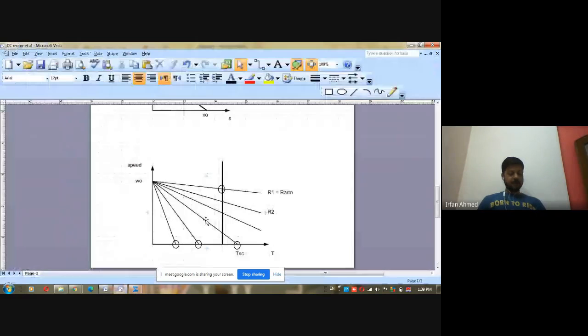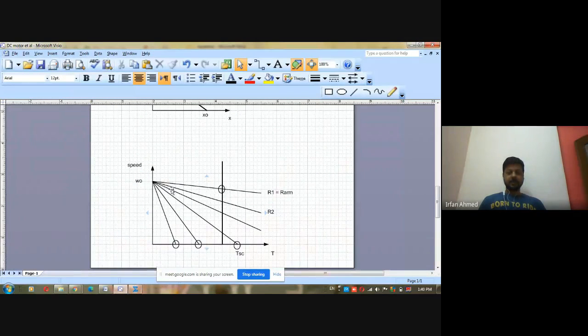Okay, now the speed torque characteristic. One way to obtain it is by using these 2 points, correct? Another way to obtain this speed torque characteristic is by using this point and this point.